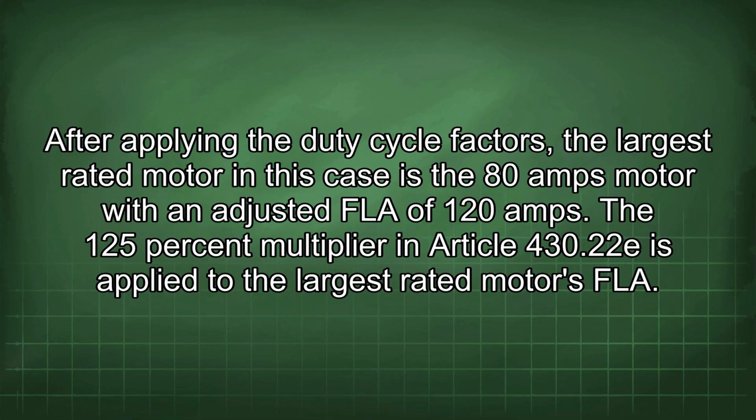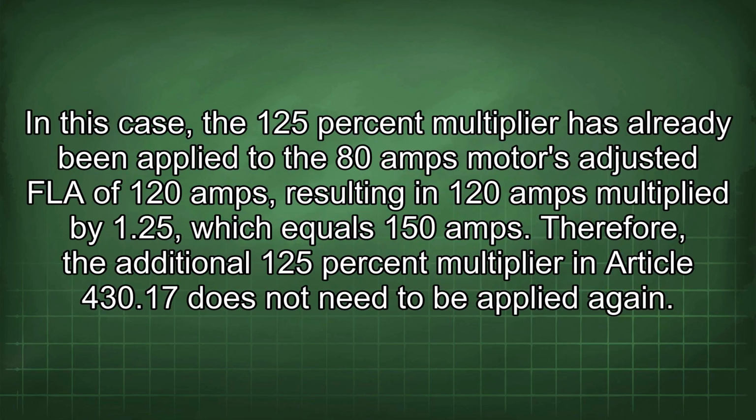The 125% multiplier in Article 430.22 is applied to the largest rated motor's FLA. In this case, the 125% multiplier has already been applied to the 80 amps motor's adjusted FLA of 120 amps, resulting in 120 amps multiplied by 1.25, which equals 150 amps.